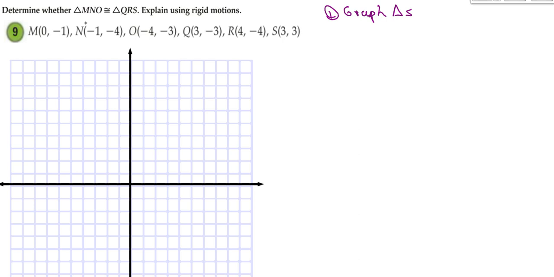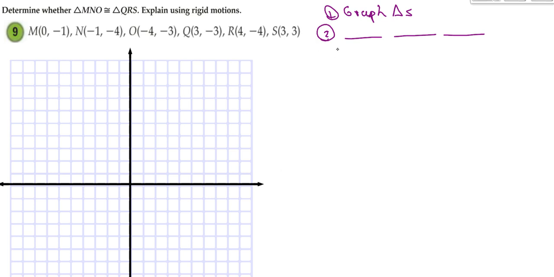So you're deciding if they're congruent in your mind or if they look congruent, and you're going to give the rigid motions: turn, slide, flip, or rotation, translation, and reflection. So whatever of that you're going to be able to pick.